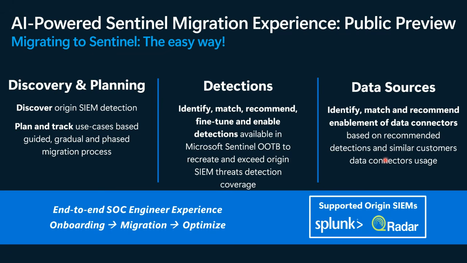Finally, the tool will also recommend data sources that need to be enabled for the recommended detections. This will allow you to see if the data connectors already exist, if you're an existing Microsoft Sentinel customer, or the data connectors that you then need to enable. In the end, this provides the end-to-end migration experience and dramatically reduces your migration timelines.